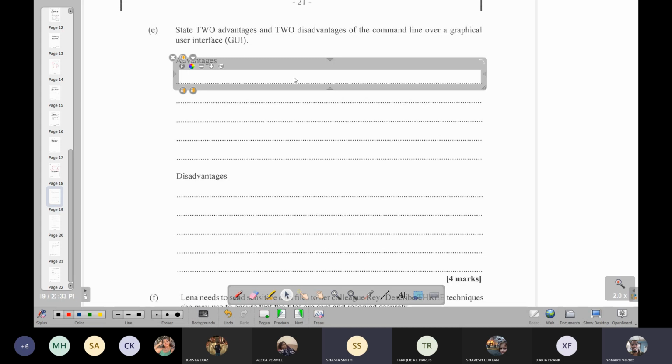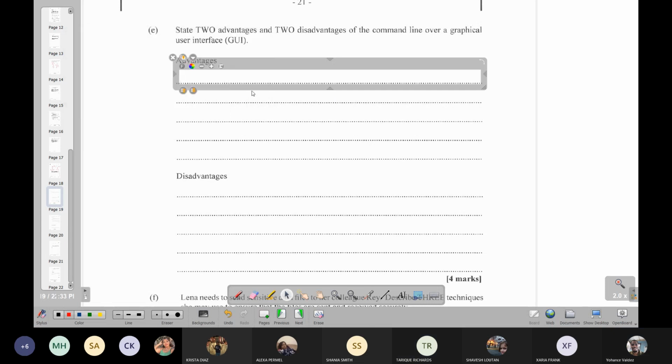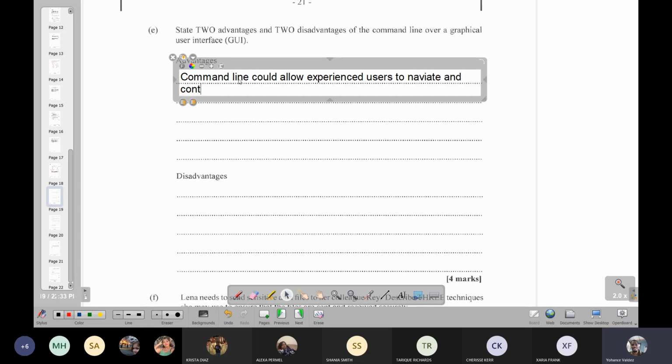Okay. So an advantage of the command line is that it's faster. Yes. And there's greater manipulation over the system, greater control. So a command line is faster if the user is experienced, allowing experienced users to navigate and control their systems faster than a GUI.